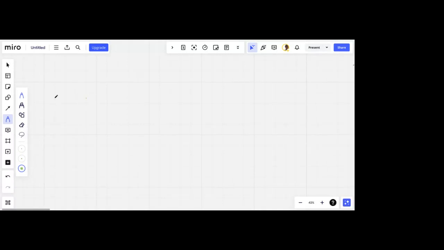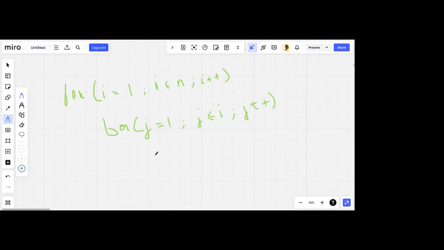So now it is like: for i equal to 1, i less than equal to n, i plus plus, and then for j equal to 1, j less than equal to i, j plus plus, and then within this we have for k equal to 1, k less than equal to 100, k plus plus, and then here we have console.log hello.